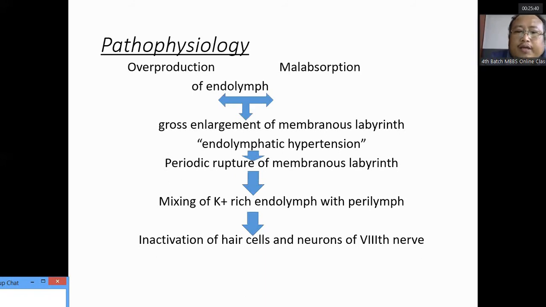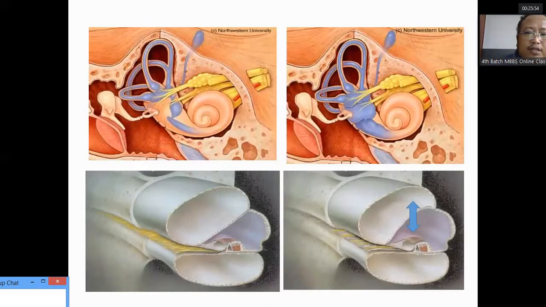inactivation of hair cells and neurons of the labyrinth, and unknown involuntary neurons and hair cells are activated, and they cause unwanted firings of action potentials that go through the vestibular nerve to the brain.